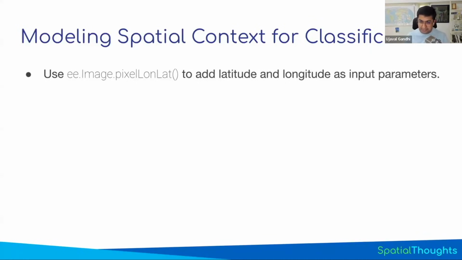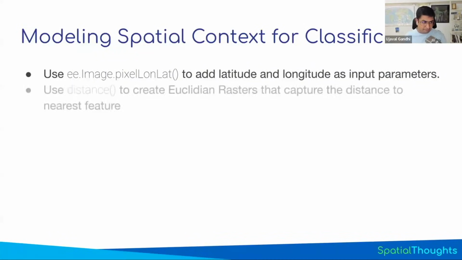So when you sample that point, it says, here are the reflectances, here is the latitude, longitude, and here is your output class. And now the model can learn from lat and long if there's information to learn from. If it doesn't matter, the model will say it's not important, it doesn't help me predict the class better, it'll just ignore that. But it'll help you capture those coordinates if it's important.